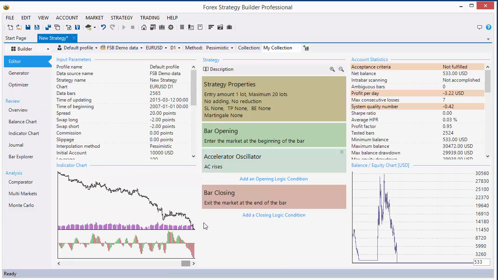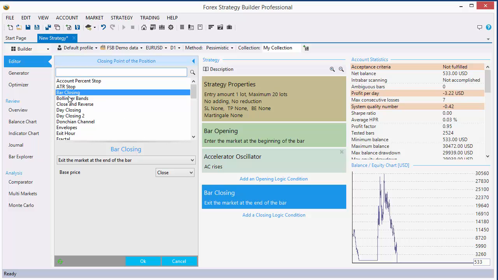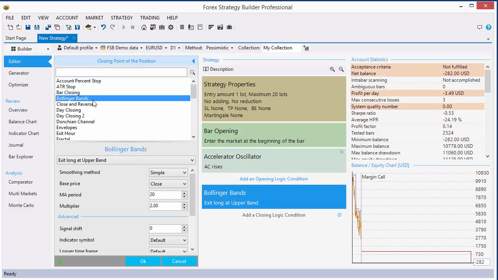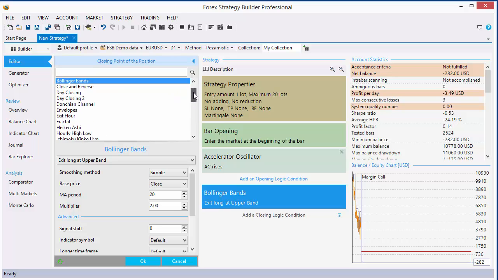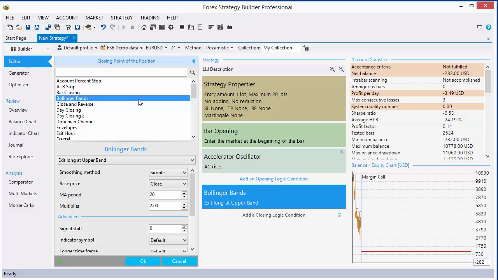Such an example is the Bollinger Band. Let's set the Bollinger Band here. There are also other band indicators: Donchian channel, envelopes, high and low, fractals. These are all indicators that set two prices, and in such cases we have two exit prices. We always set the prices for the long position.